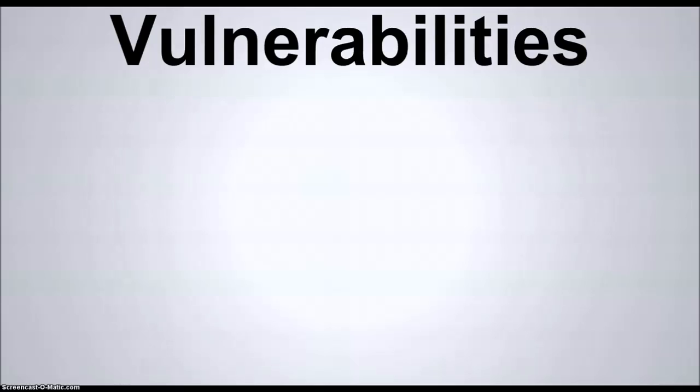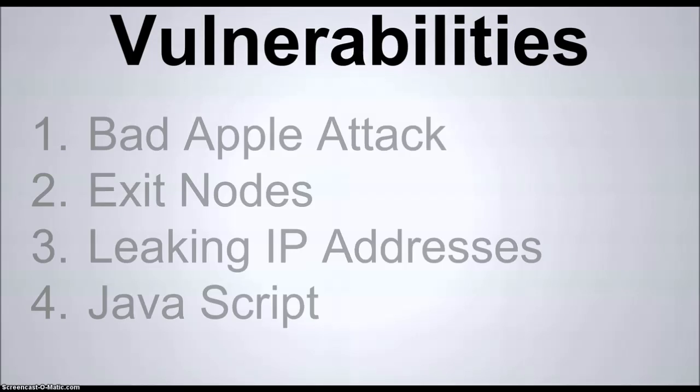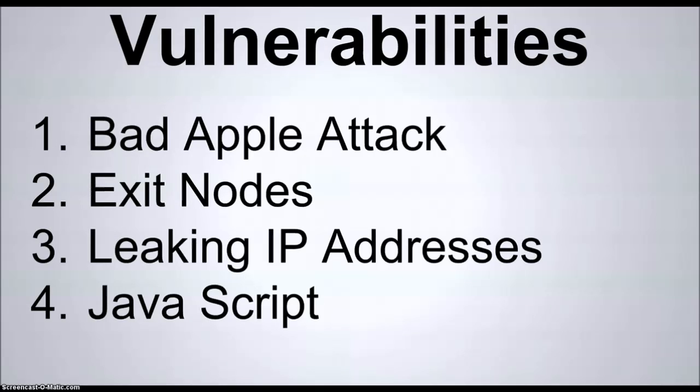One thing to keep in mind when using a Tor network is there are still several vulnerabilities that exist when using the network. This is a list of the known vulnerabilities that affect the Tor network. The bad apple attack is when an individual controls multiple computers on the network, and they can use those multiple computers to track the information flowing through the network. The exit nodes of the network are inherently vulnerable because they must connect to the internet.